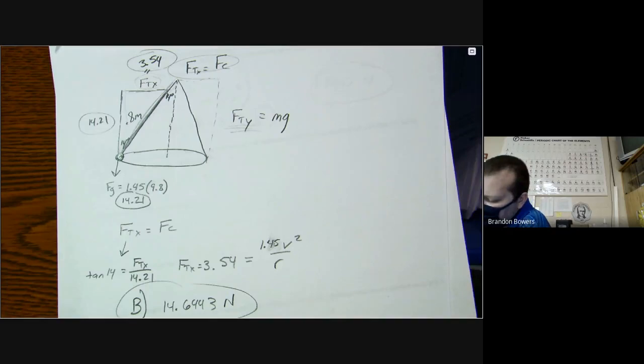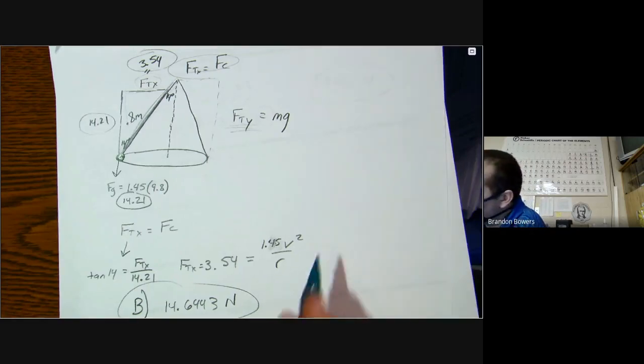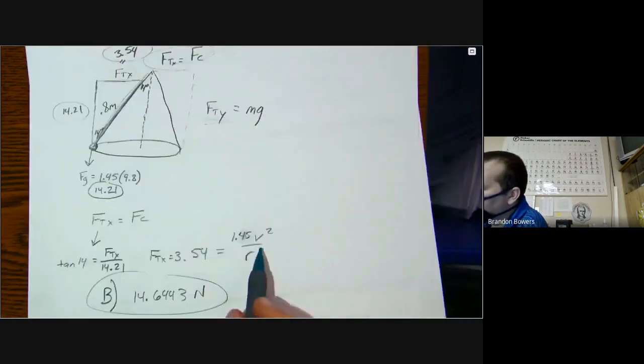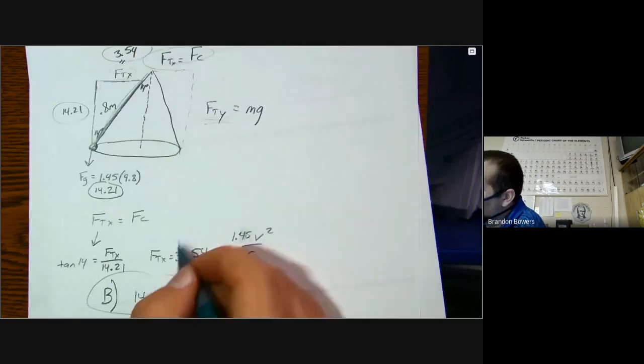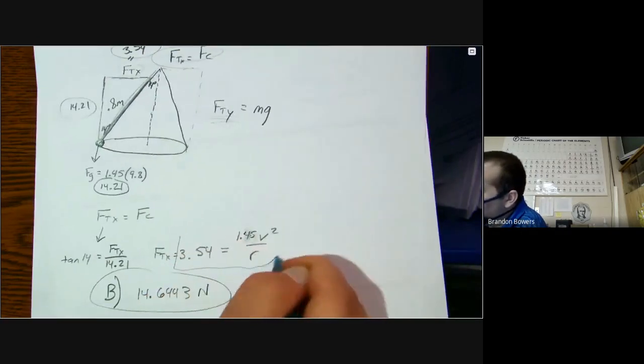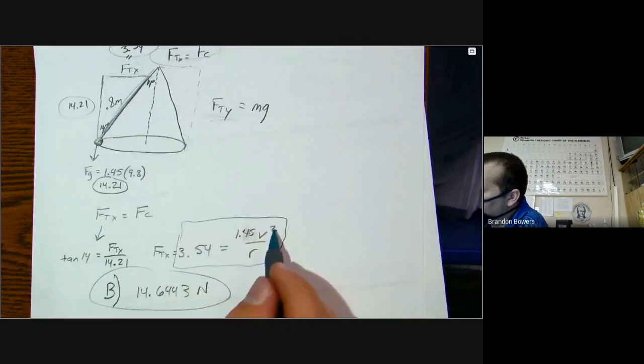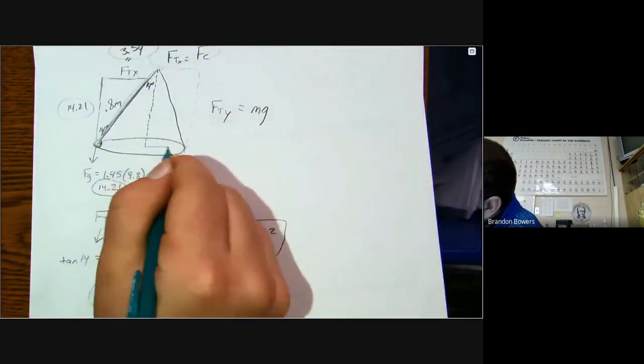C says, what is the speed? So we're actually already working on the speed up here. We have our F_T of x equals 1.45 v squared over r. Now, how can I solve for the radius? My radius is technically here to here, right?